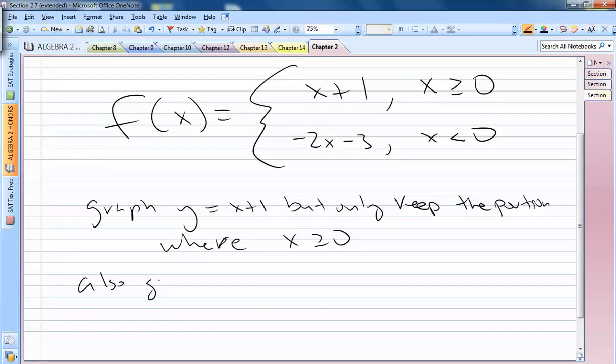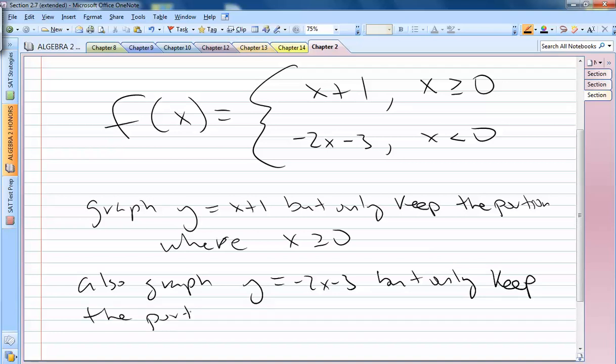Also, you're going to graph y equals negative 2x minus 3, but only keep the portion where x is less than 0.